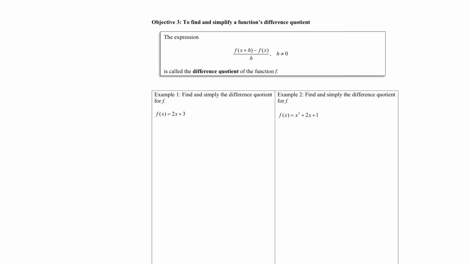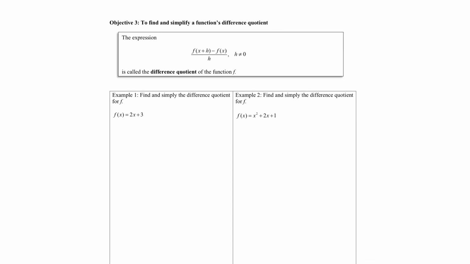You will not need to memorize the difference quotient, but you will need to be able to evaluate the difference quotient for a given function. This is a very important expression in calculus, and because college algebra is a prerequisite course for both business calculus and engineering calculus, you need to have this expression and how to simplify it in your math toolbox as you head into those two classes.